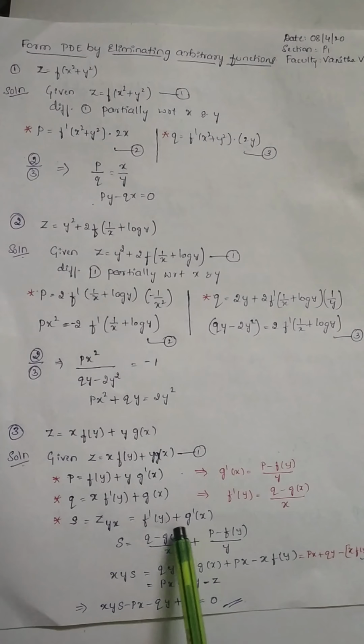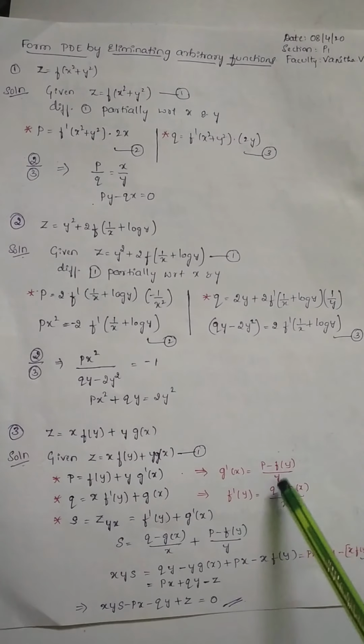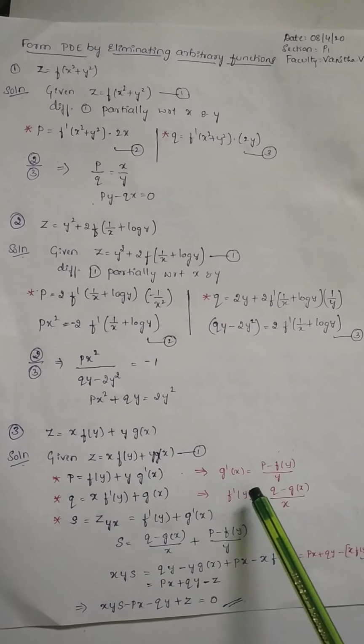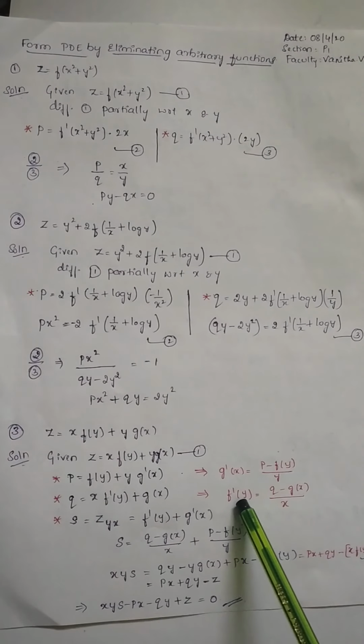And now you need to substitute f dash of y plus g dash of x as these two. By using the previous lines, you are substituting g dash of x and f dash of y.